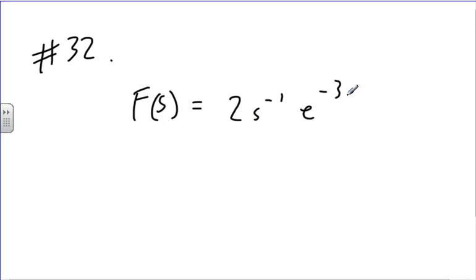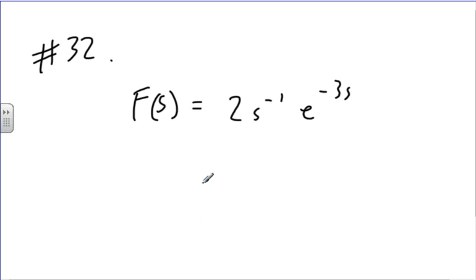Number 32. All right, so again, we can only do problems that we have in our table to do. E to the minus 3s, right? So we go back to our table and we say, well, what are we going to do about that?